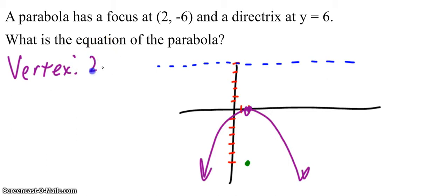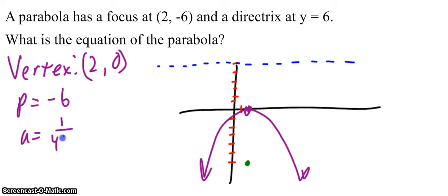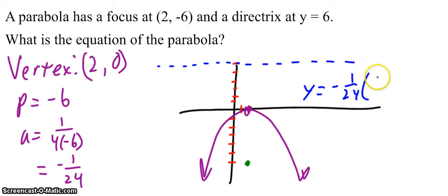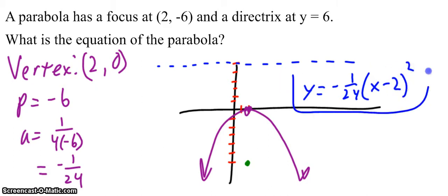So that's at (2, 0), and I know p is -6, so a is 1 over 4 times -6, which is -1 over 24. So my equation is going to be y equals -1 over 24 times (x minus 2) squared.